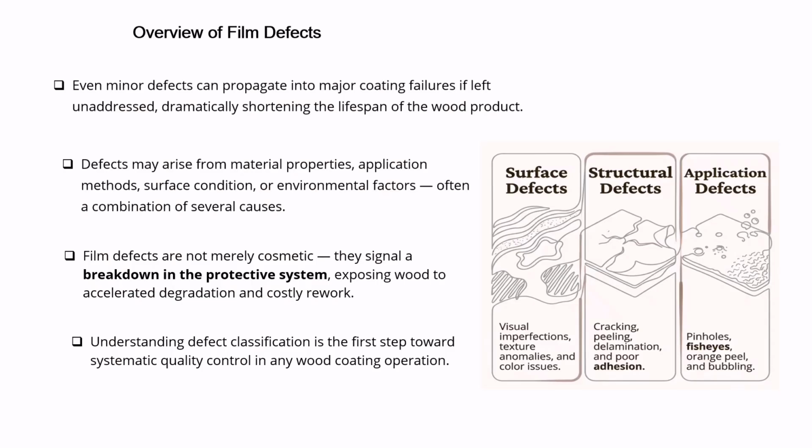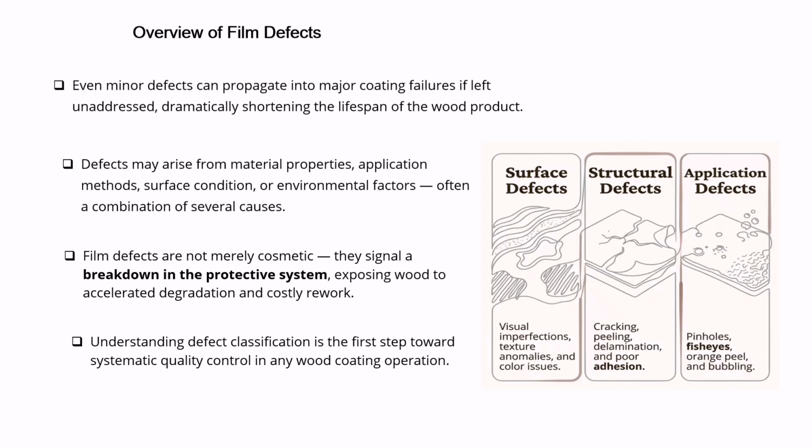This slide provides an overview of film defects in wood coatings. Even small defects can gradually become major coating failures if they are ignored. This can reduce the durability and lifespan of wood products. Defects can occur due to several reasons such as poor material quality, improper application methods, unsuitable surface condition, or environmental factors like temperature and humidity. Film defects are not just appearance problems, they indicate damage in the protective coating system which can lead to faster degradation and expensive repair work.